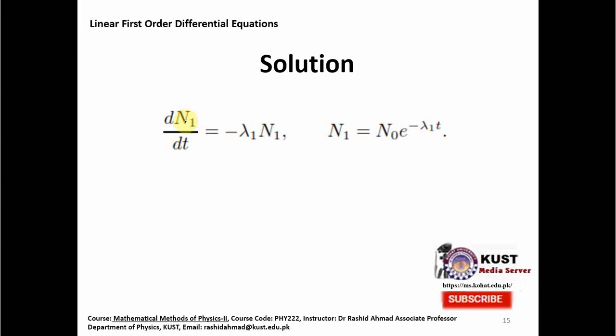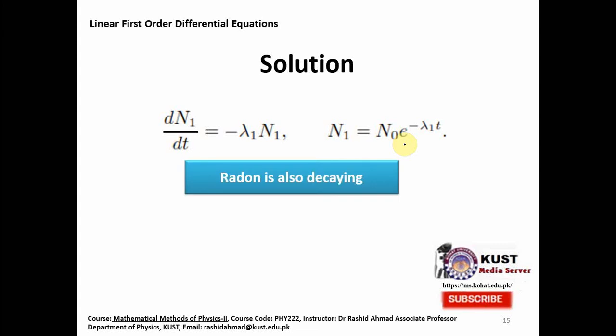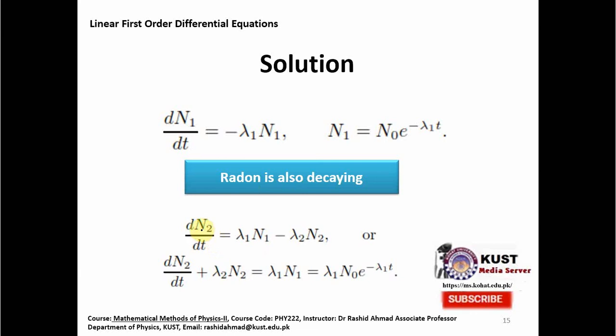So you see that for the first atom the decay rate can be written like this, and if we want to find the value of n1, we have to integrate this, and integrating on both sides we get n1 equal to n naught e raised to minus lambda 1 t, where n naught is the number of atoms present at t equal to 0. Similarly radon is also decaying, so we can write dn2 by dt equal to lambda 1 n1 minus lambda 2 n2, because there is a difference in the number of atoms of radium and radon.